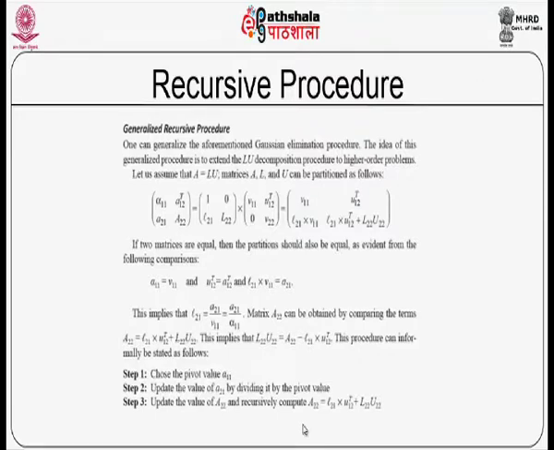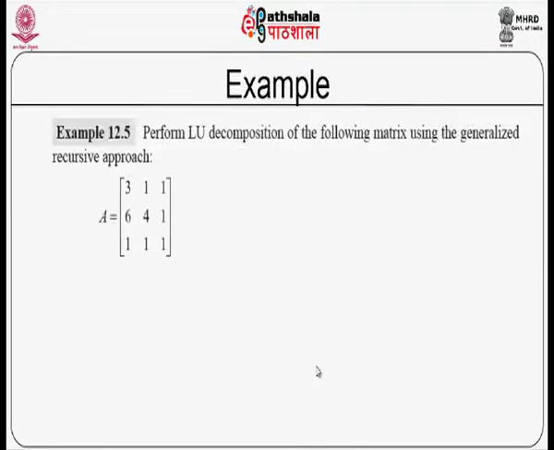We use the pivotal value A11, and keeping this pivotal value, we update A21 by dividing it by the pivot value, and the value of A22 is then recursively computed using this particular procedure. So, this is recursively applied to the given matrix to get the result.